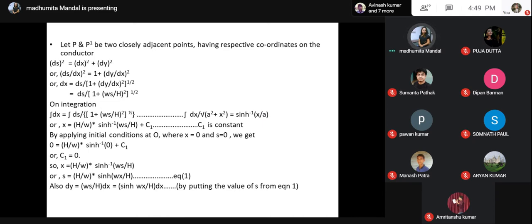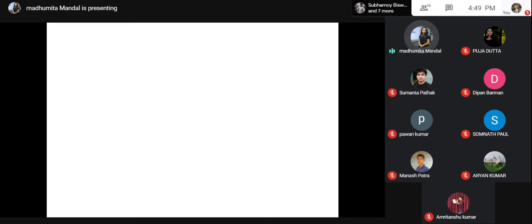This ws by h can be replaced by this sine hyperbolic, so this is equal to sinh ws by h into dx. So again, if we integrate both the sides, then we will get y is equal to h by w cosh wx by h plus c2.